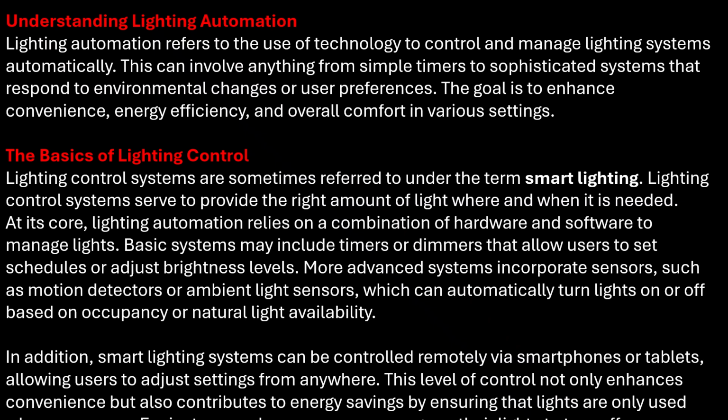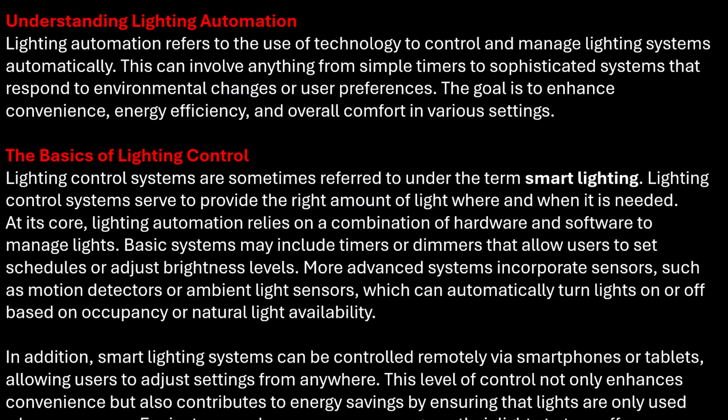This can involve anything from simple timers to sophisticated systems that respond to environmental changes or user preferences. The goal is to enhance convenience, energy efficiency, and overall comfort in various settings.